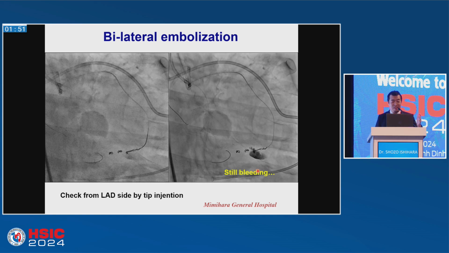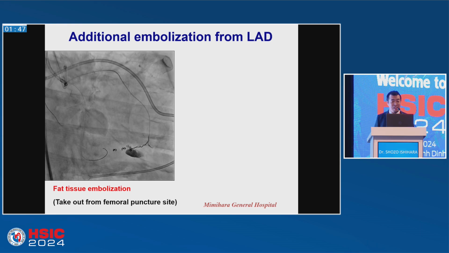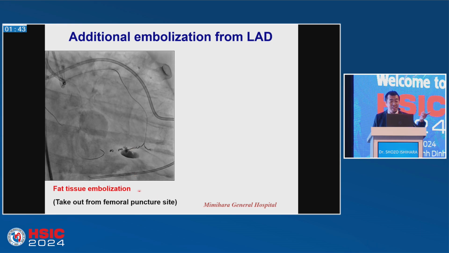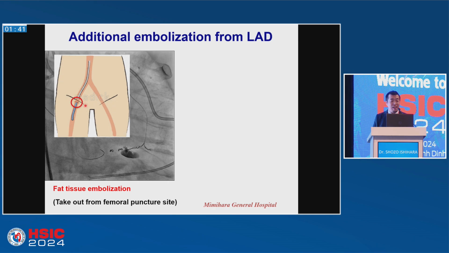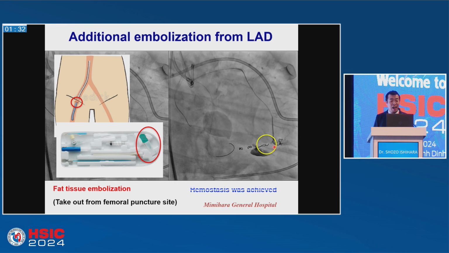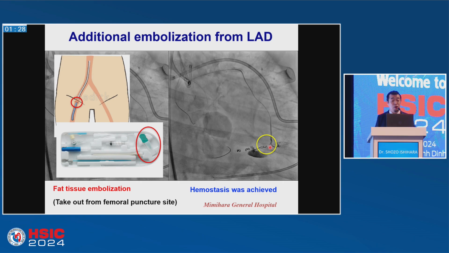What can we do? Almost all the thrombus was already used, so I got fat tissue from the patient. We can cut the femoral puncture site using a small cutter like this, and I injected the small fat tissue at this point from the microcatheter.